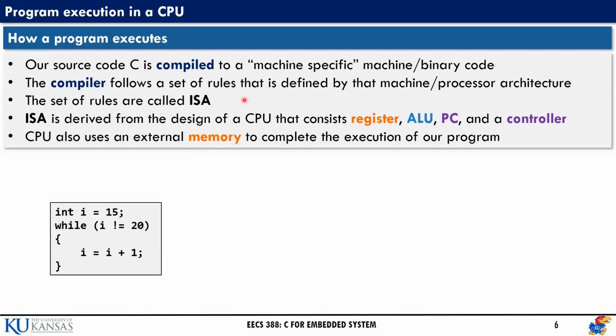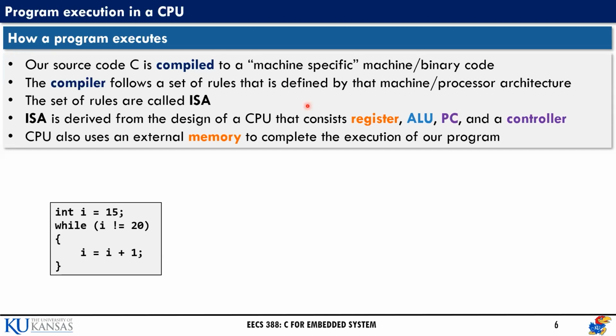For example, if your machine is x86 based architecture, the compiler will translate your source code to that specific machine code.